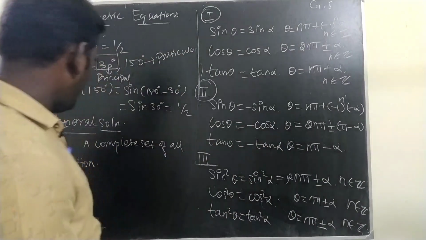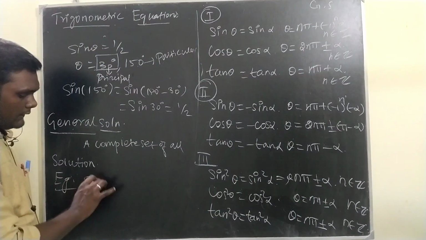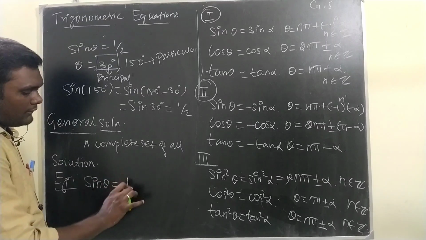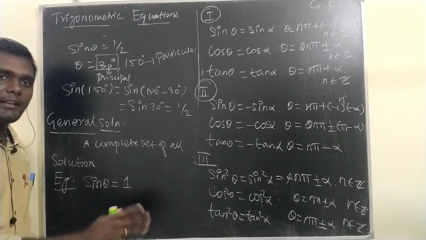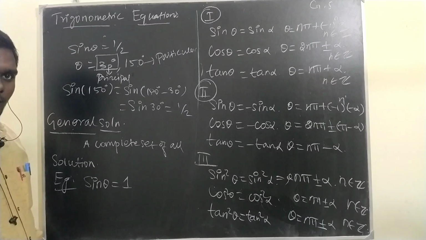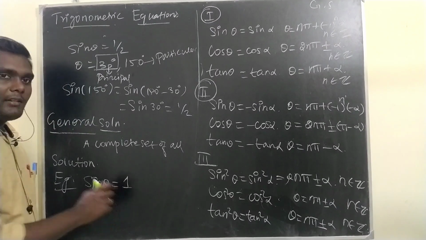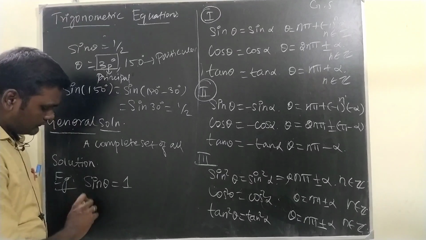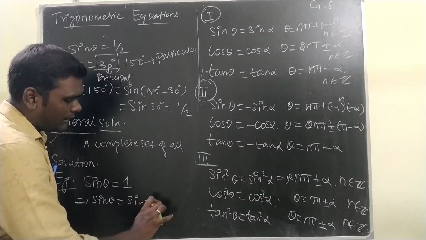See, for example, let us take something. I will give you an example. You see, sin theta equals 1, like we have one answer. For this, you need to find the general solution. So, 1 is equal to how much? Sin pi by 2, right?